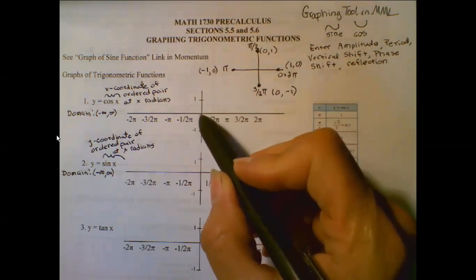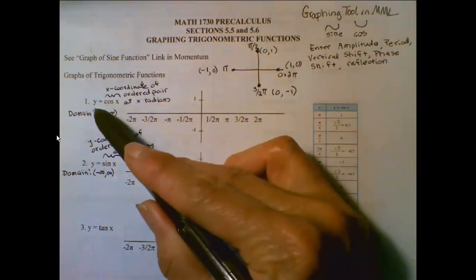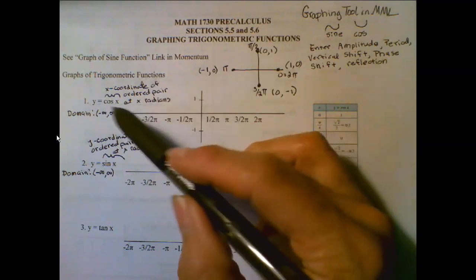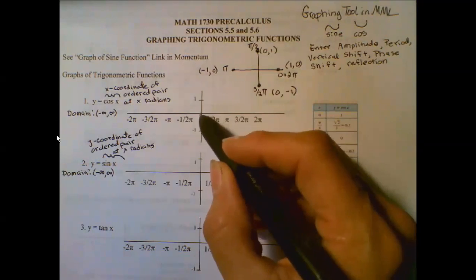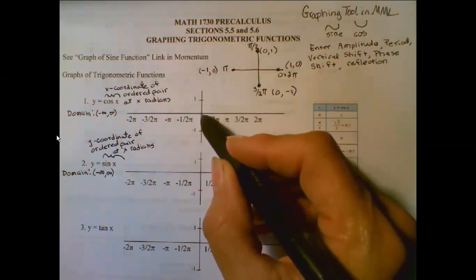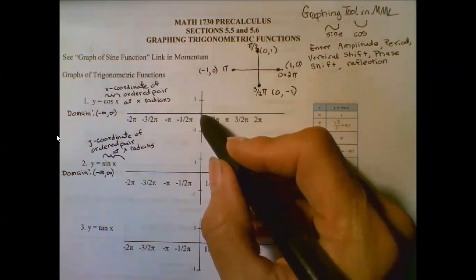But as we go around the circle and I name an angle in radians, when I say at 0 radians, what is y? I'm asking you for the x coordinate at 0 radians. So at 0 radians, what is cosine 0? Cosine of 0 radians. Look at your ordered pair that you just drew.